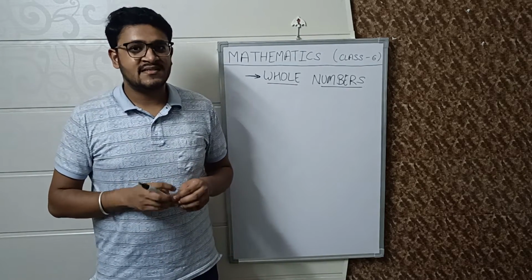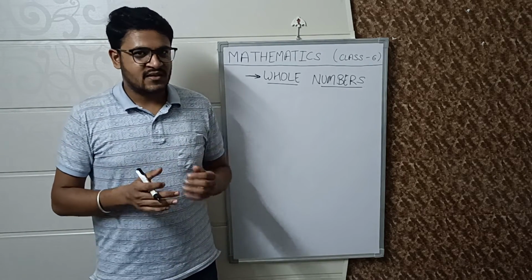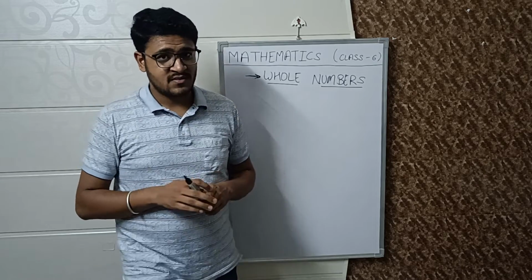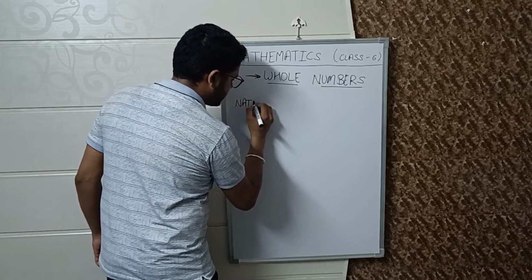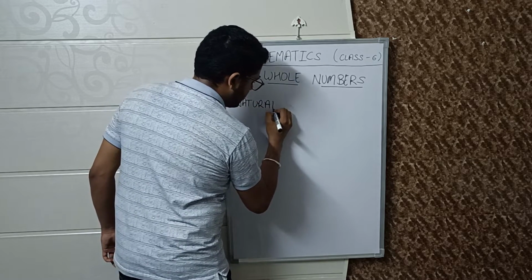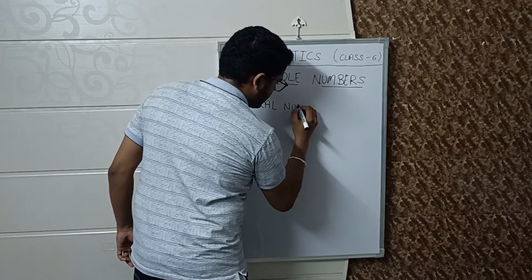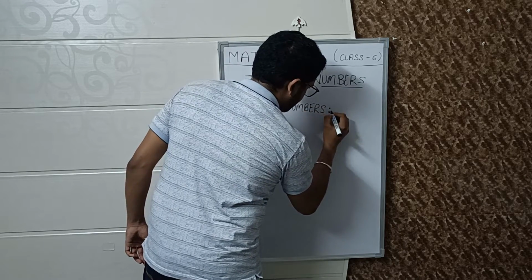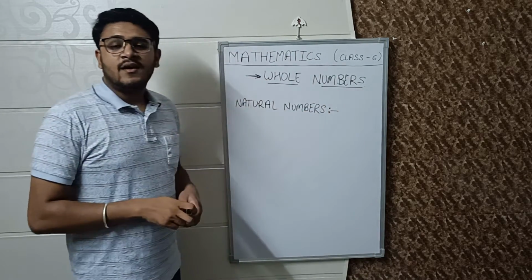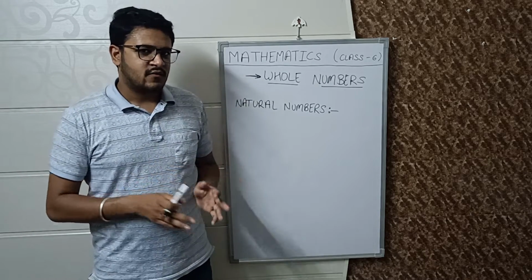So after the predecessor and successor, we were talking about natural numbers, right? Generally, if I tell you to count something, what will you do?